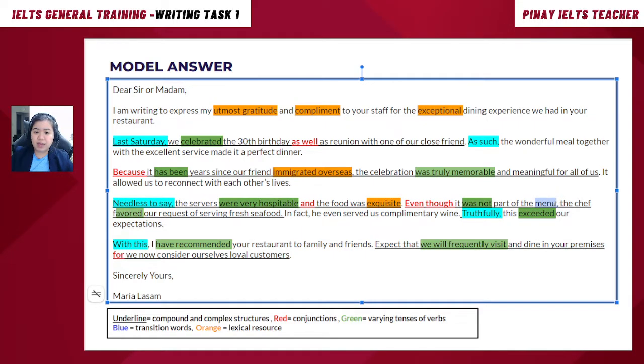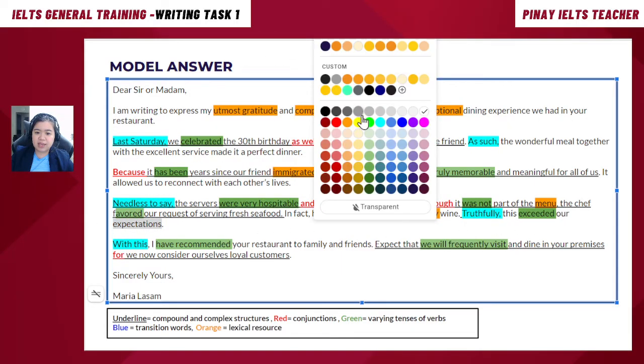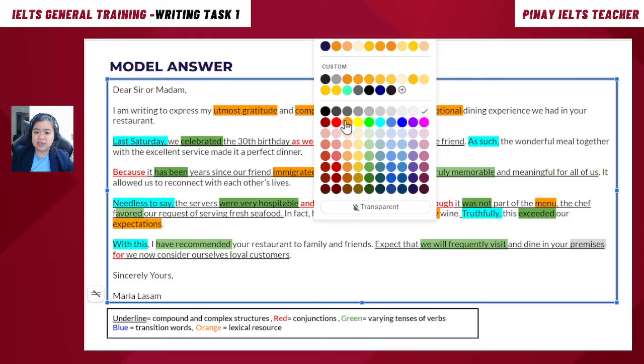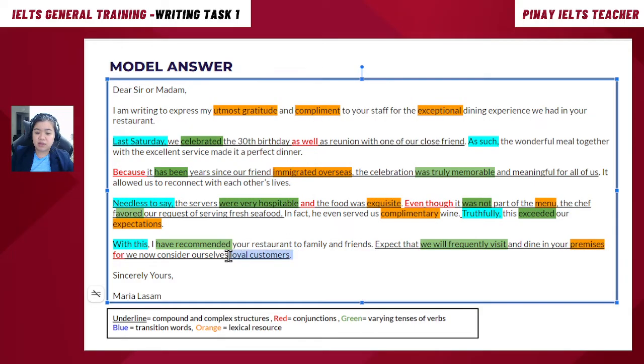Menu is a good vocabulary too, no matter how simple that word is. Complementary. Expectations, I guess. Exceed our expectations, good collocation, but I already highlighted that as past tense, so just so you won't confuse, I'm just going to highlight expectation there. Premises. Loyal customers is a collocation as well.